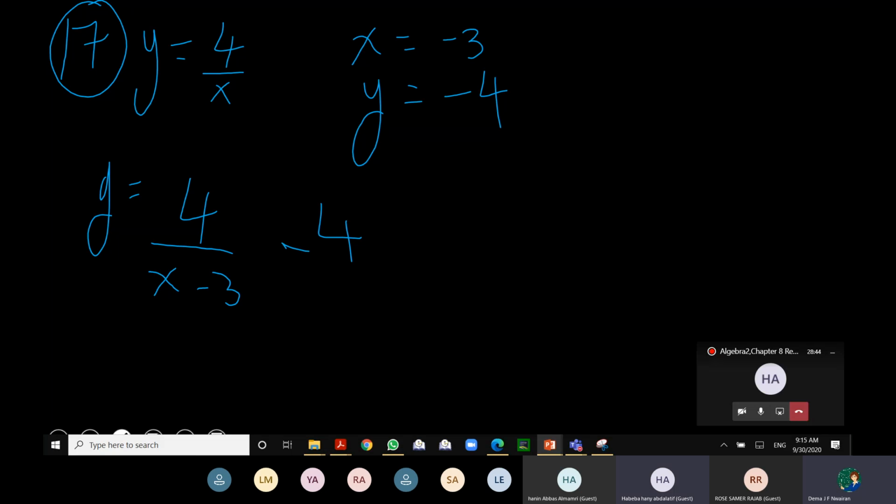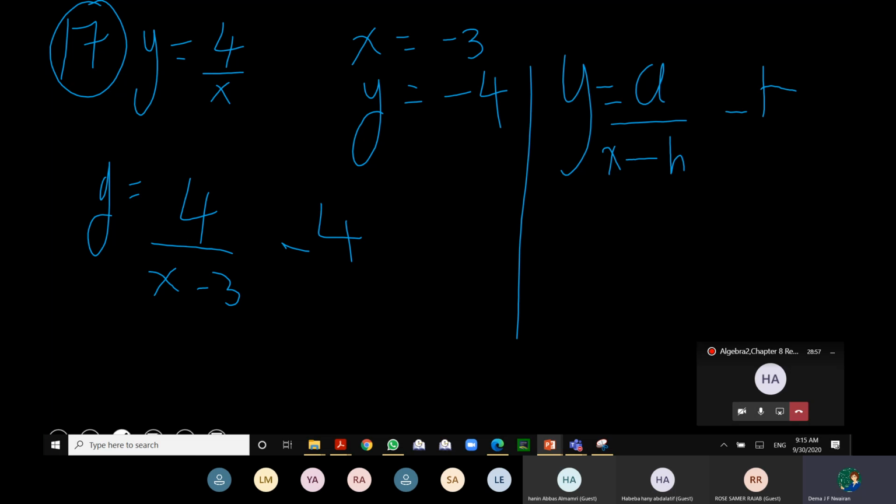See, Habiba, now the reciprocal function family told me that y equals a over x minus h plus k, where h is negative 3 and k is negative 4. Sorry, plus k.